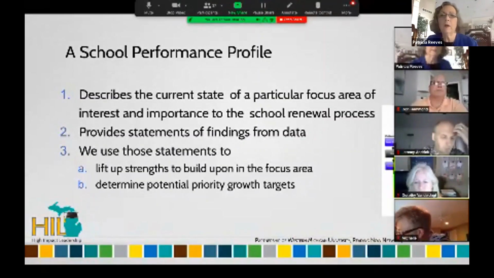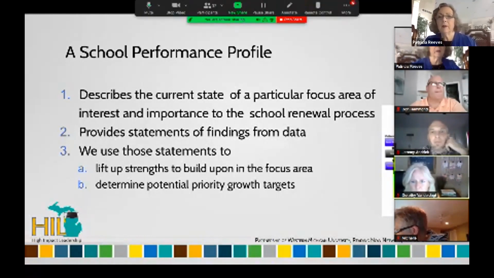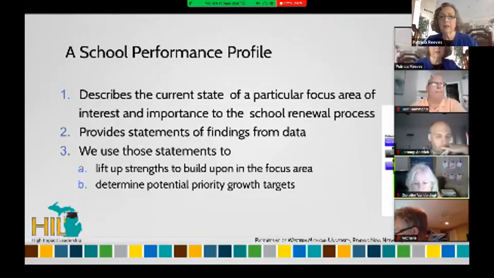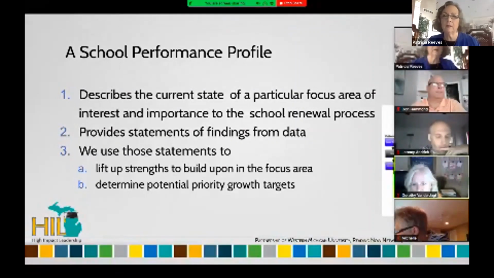So while the school performance profile could be used in a way to get a whole school picture of the current state of the whole school, we're using it specifically around a particular focus area. And the part that we are committed to for our schools, especially during this time of the COVID adaptations that they're making, is to let them be in charge of what that focus area is.